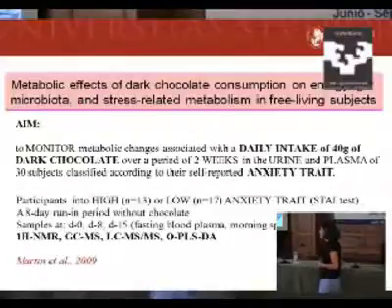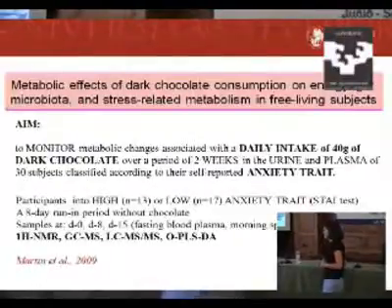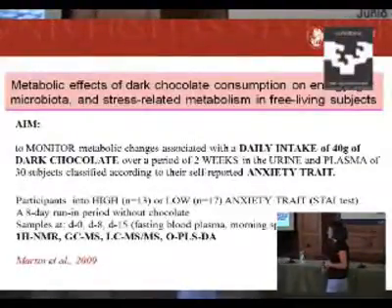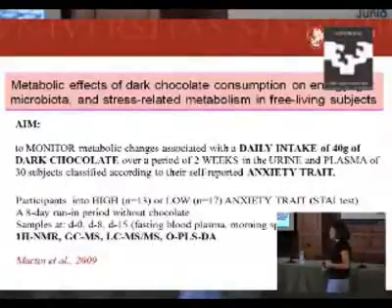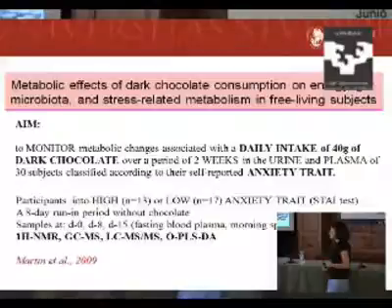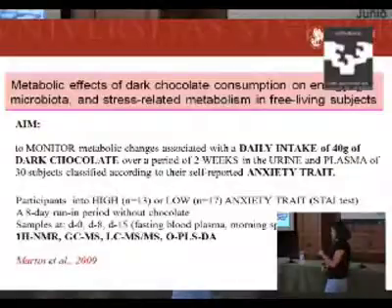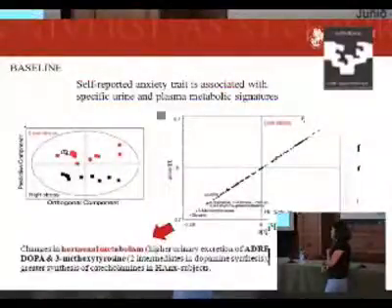The samples were taken at the beginning, in the middle, and at the end of the intervention study. And this is a very nice application of NMR, GCMS, LCMS, and then the statistical test. And what did they get?